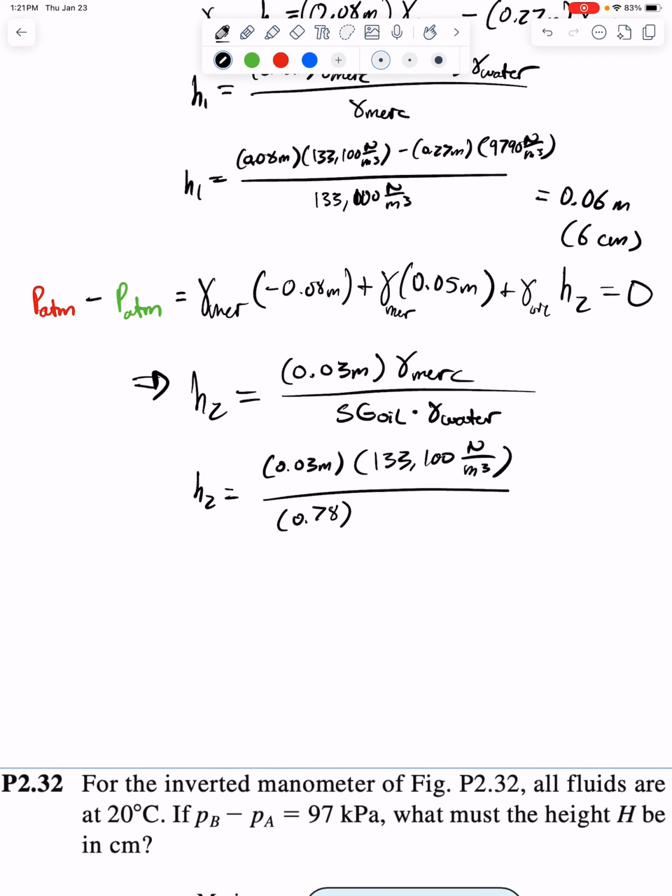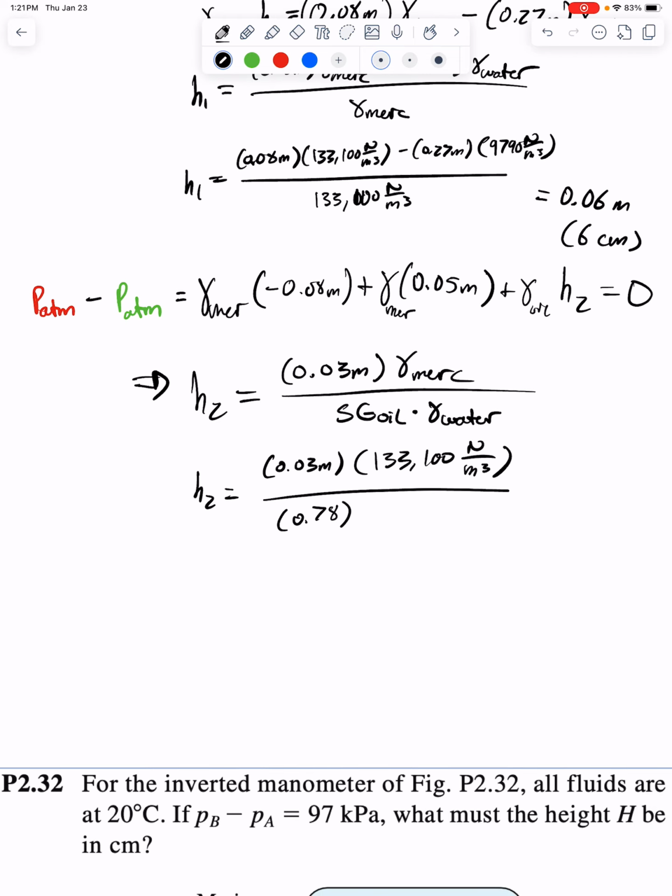Solving for this, I get 0.523 meters, which means that the height H2 for the oil is 52.3 centimeters. And that's how I solve for H1, H2 for that problem.